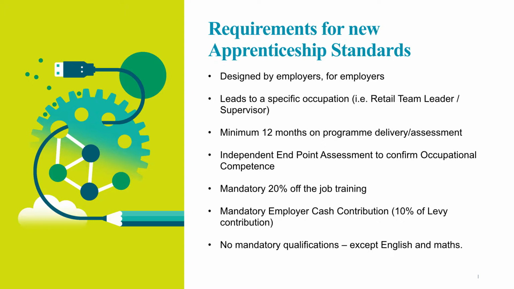There aren't actually any mandatory qualifications with the exception of English and maths, and there is a requirement for either functional skills or GCSE to be completed as part of the apprenticeship programme. Now, originally the government had planned to have everything in place by July 2017, so 2 months' time, and that they planned to withdraw all SACE apprenticeships at this point and have everybody move over to apprenticeship standards.